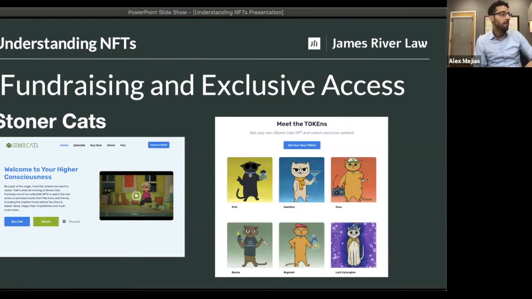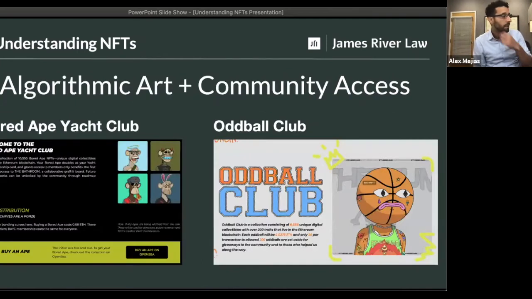You get the Stoner Cat NFT, the rights to the digital image, and then you also get some exclusive content. So that's one way that it's been used for fundraising. This idea of community access is becoming more and more prominent.